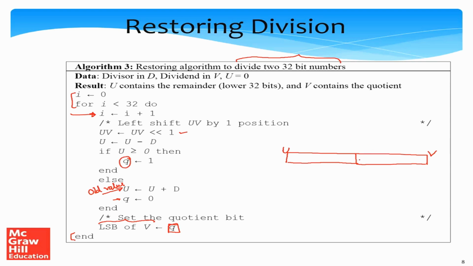Initially the dividend is completely loaded in register V till we come to this line in which the dividend is shifted to the left by 1 position. So let's consider this much to be 1 position. So the dividend pretty much occupies this much.